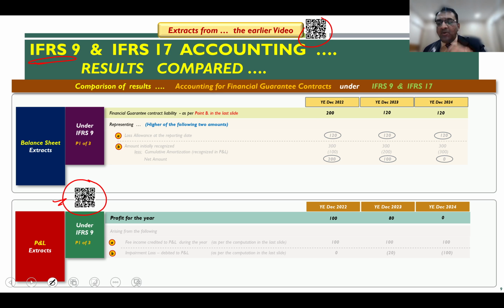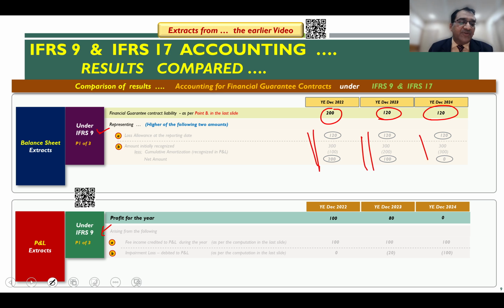If you are following the channel, you would know this slide, which we captured there, wherein we said that if the entity had applied IFRS 9, then from the balance sheet perspective the carrying amount would have been 200, 120 and 120, which is the higher of these two numbers. If you recall, we said loss allowance and the amount initially recognized minus the cumulative amortization. I've greyed it out just so that you focus on these numbers. The detailed explanation is given in that video, which you can go and have a relook at if you have missed it.